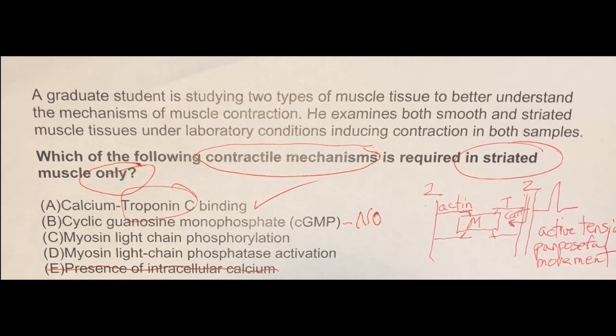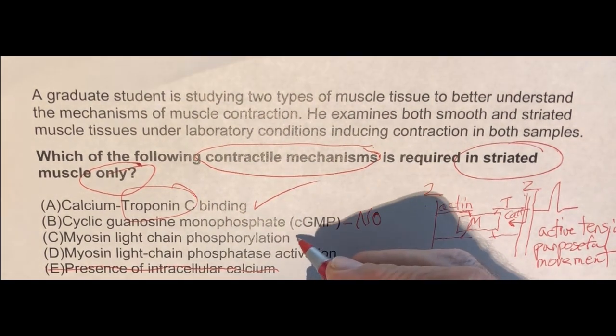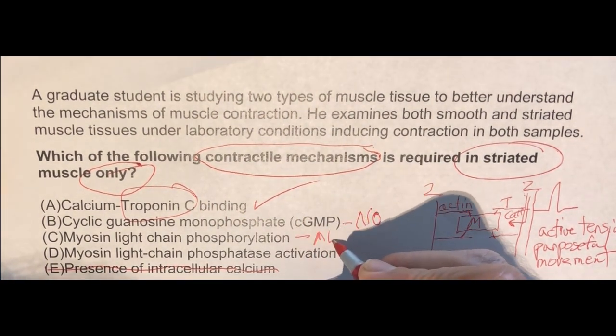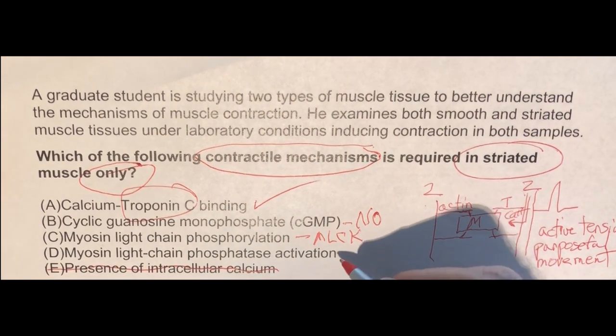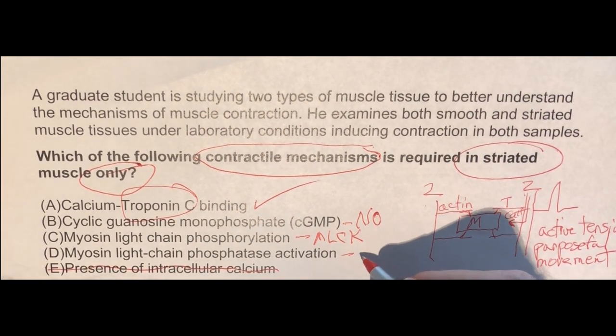Myosin light chain phosphorylation and myosin light chain phosphatase activation are both smooth muscle activities. So we don't have significant amount of myosin light chain phosphorylation by, remember the enzyme, myosin light chain kinase, and phosphatase, myosin light chain phosphatase.